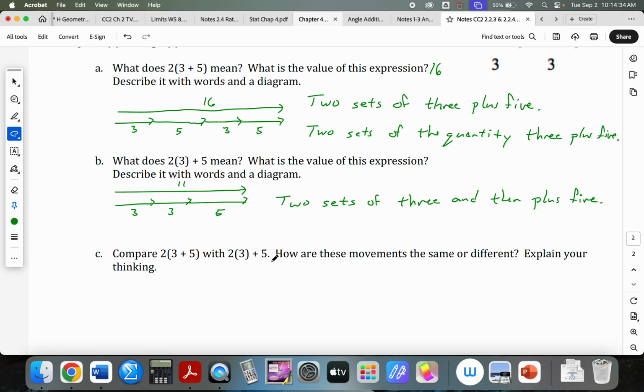So when we compare these, are these movements the same or are they different? Is 2 times the quantity 3 plus 5 the same as 2 sets of 3 and a set of 5? No. So in the first expression, we will have 2 5s.